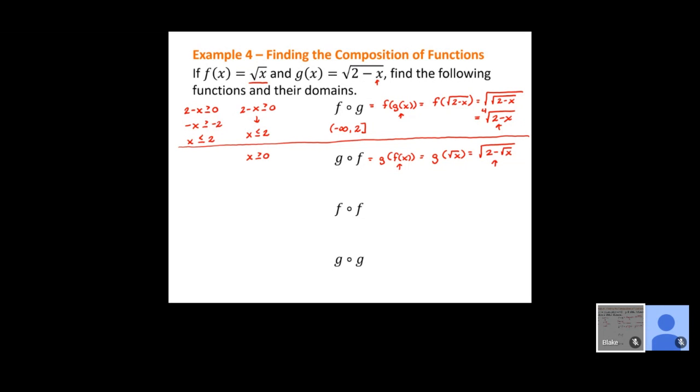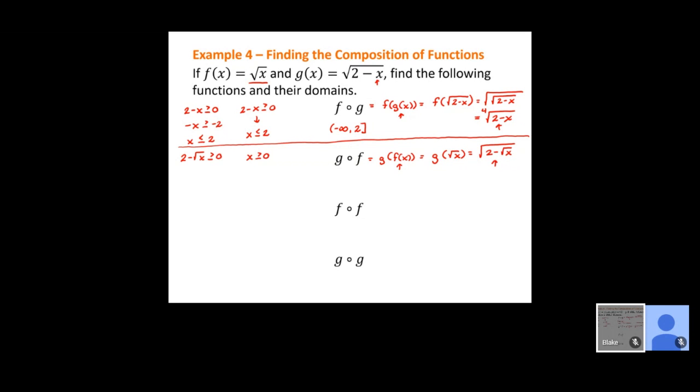Okay, so not quite. The entire 2 minus square root of x has to be greater than or equal to 0, right? So I take everything that's inside the big square root now, and I say 2 minus square root of x must be greater than or equal to 0. So that's what we get from the final answer. And then the fact that our inside function was square root of x also tells us that x has to be greater than or equal to 0 now.